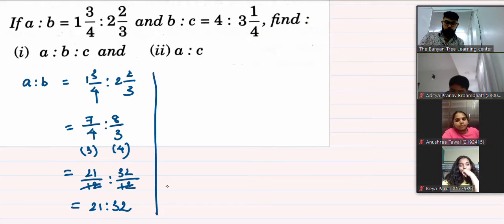What about B is to C? Let's find that also. B is to C is 4 is to 3 1 by 4.